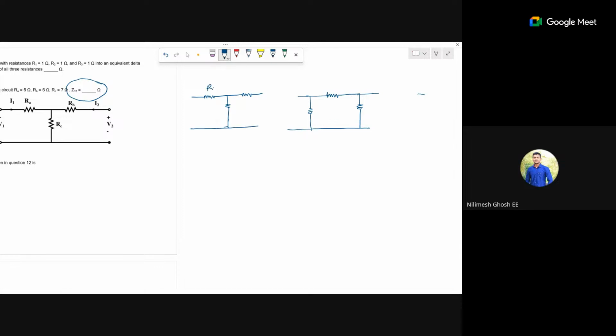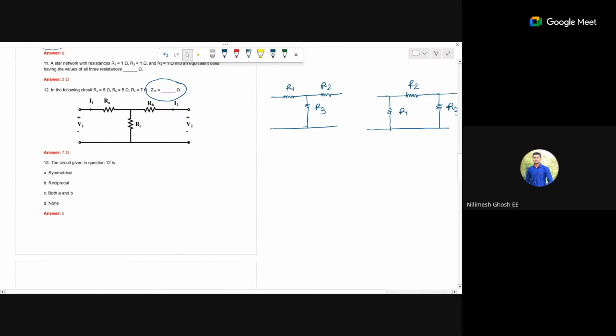Let's say this is R1, R2, R3. Always remember, finding the Z impedance matrix for a T network is much easier. Similarly, for a pi circuit, finding the Y admittance matrix is much easier.